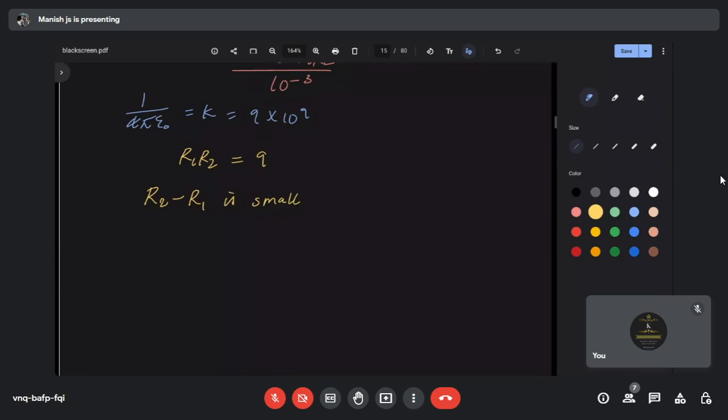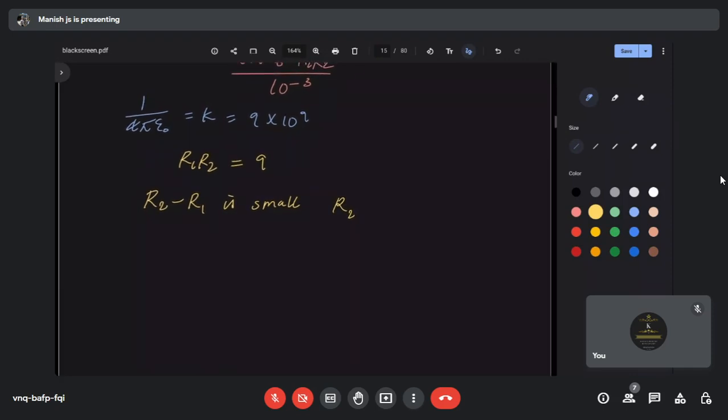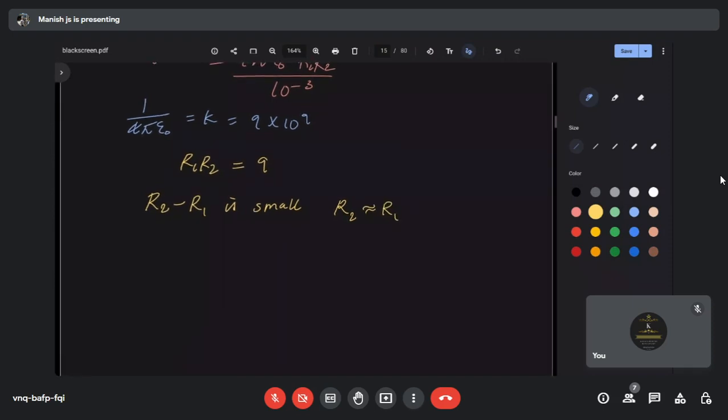R2 minus R1 is very small in comparison. So hence you should say that R2 is approximately equal to R1.